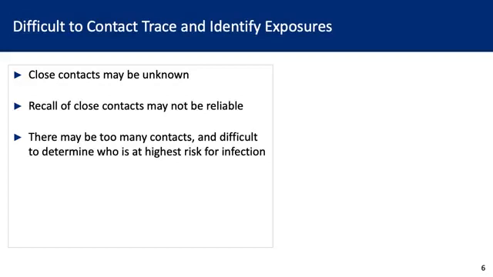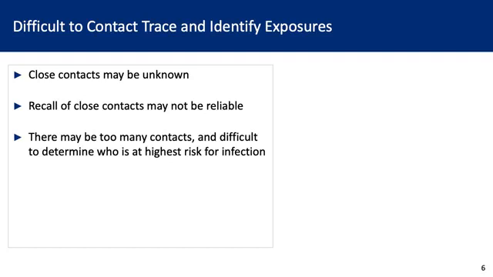So let's talk about the next group, those where it's complex or hard to contact trace and identify exposures. These are examples where the close contacts may be unknown to the case. So let's say you were at a concert. You may have had very close contact with someone next to you, but you may not know them. You may not know how to contact them.